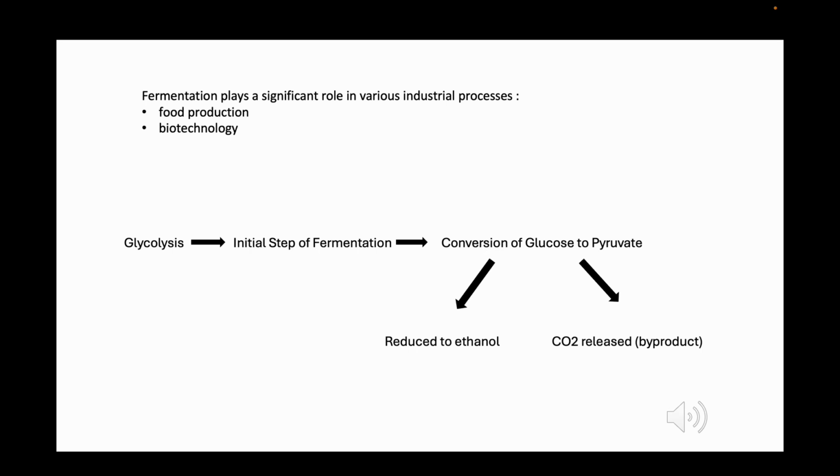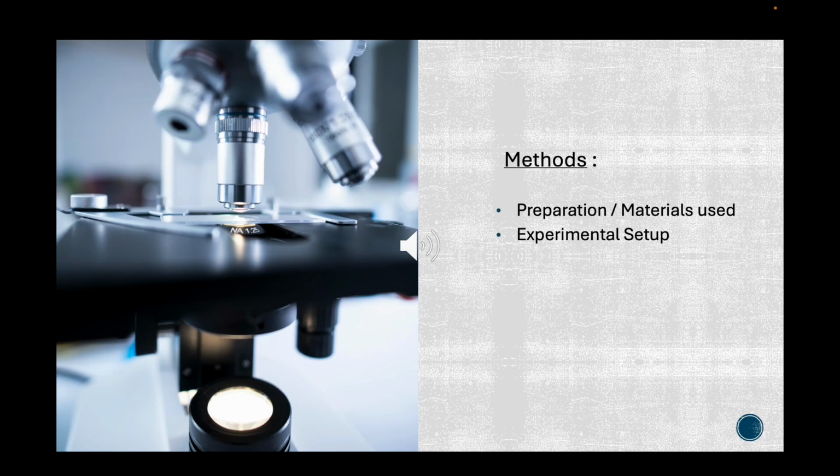The goal of this experiment is to understand the effect of temperature changes on yeast fermentation, which will provide insights into optimizing industrial operations. Now let's talk about the methods which are used to carry out this experiment. We are going to be learning about the materials required and the experimental setup in the coming slides.